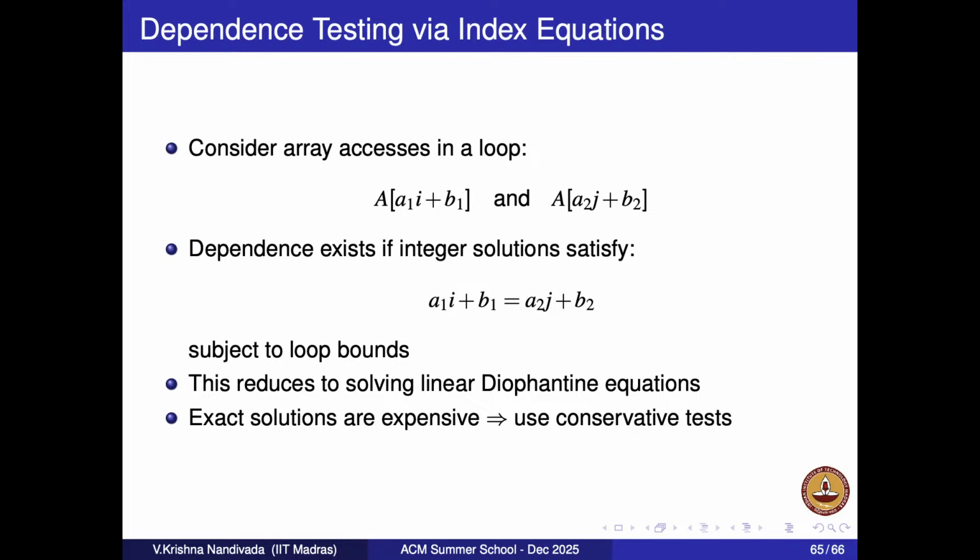Okay. So the point is, if I am accessing an array with some expression A1 I plus B1, let me write, let's say I have a for loop. I am accessing A sub 2I plus 3 equal to something, and I am reading A sub 3I plus 1.